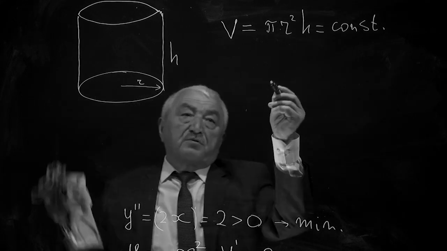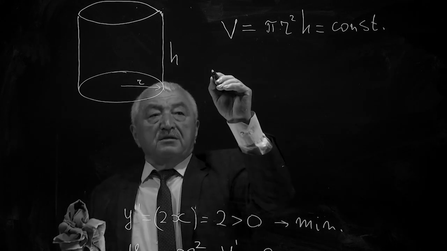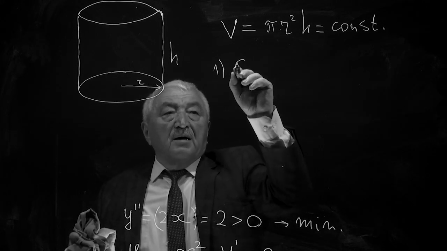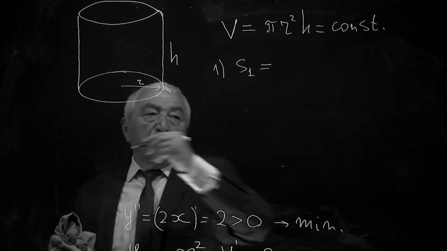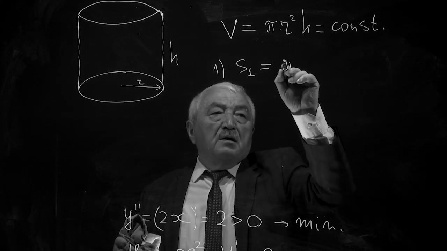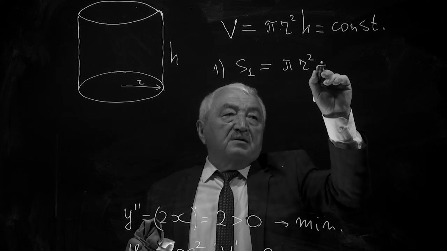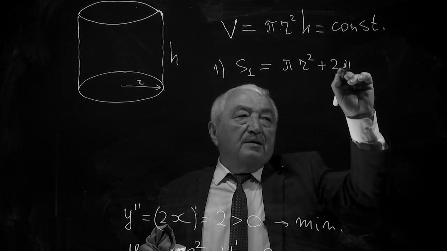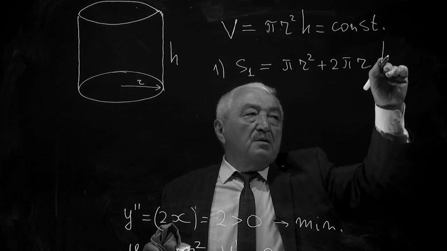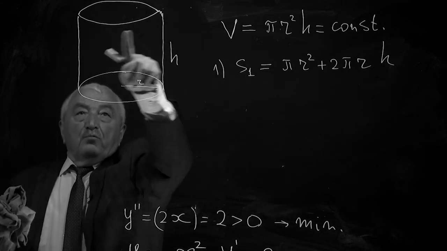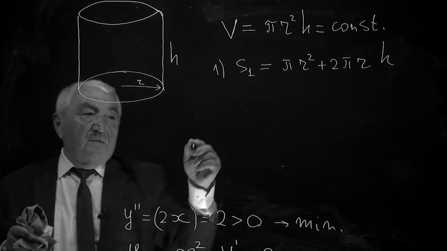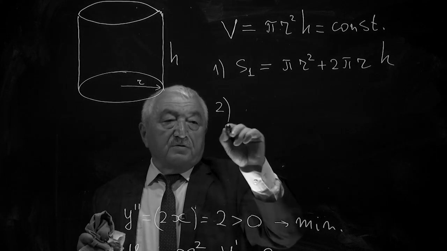What does it mean, surface? Let's consider two situations. S1, surface, equals pi r to the second power plus 2 pi r h. This is lateral surface, without the upper surface.